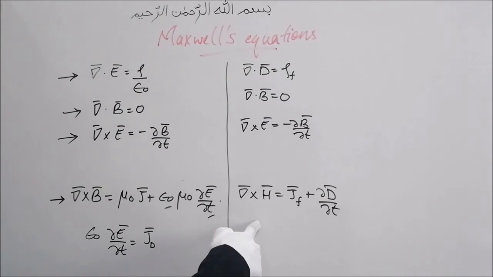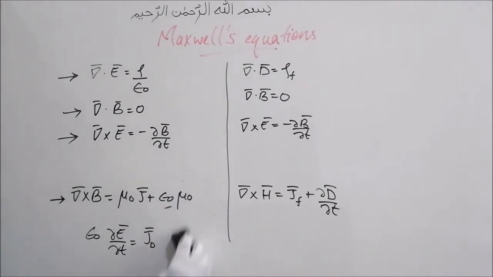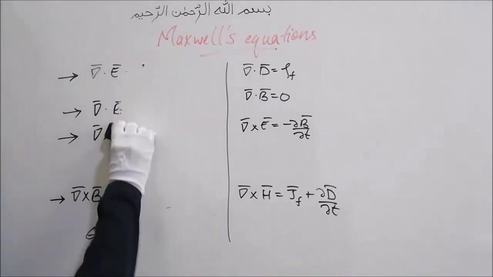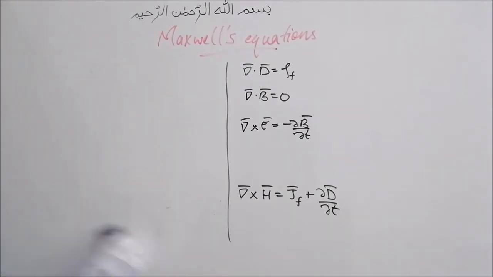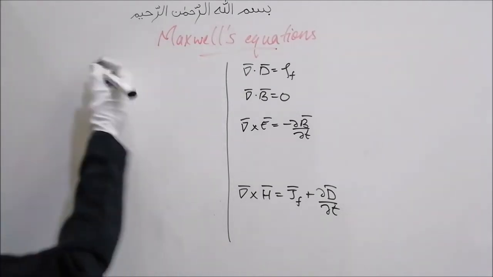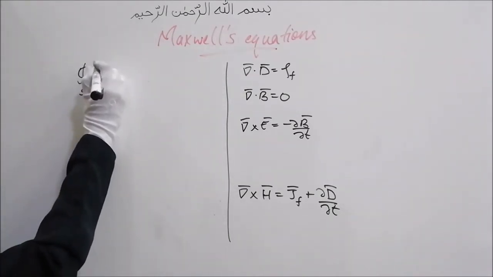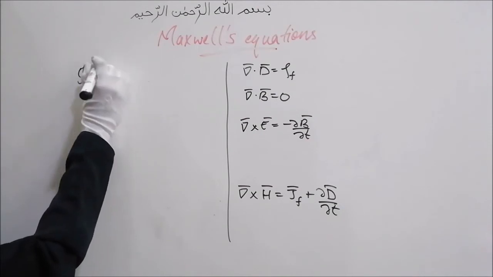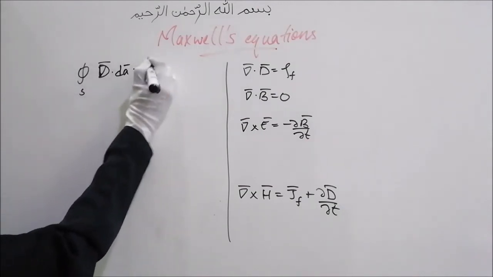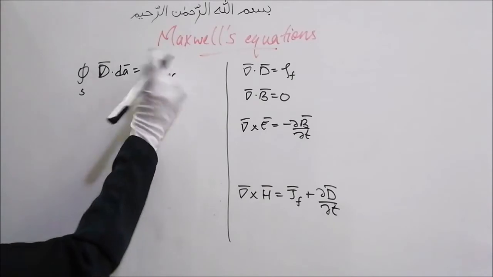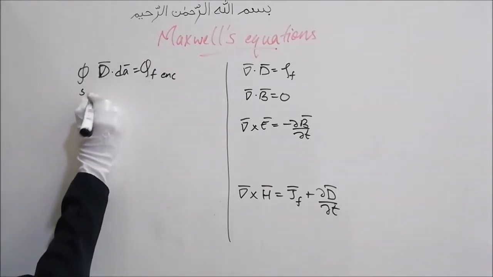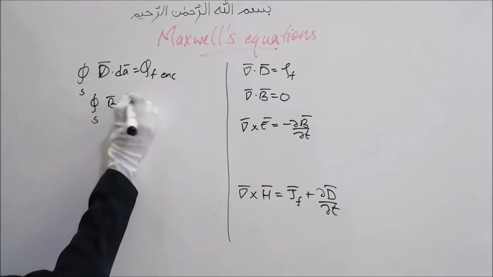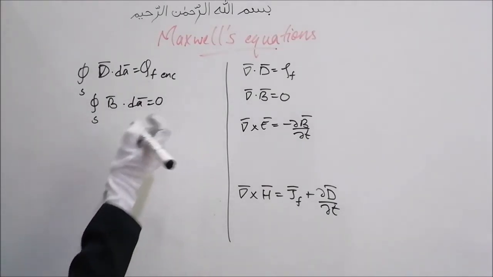Now in integral form, this can be written as: closed integration over surface S of D bar dot dA bar is equal to Q free enclosed, and integration over surface S of B bar dot dA bar is equal to 0.